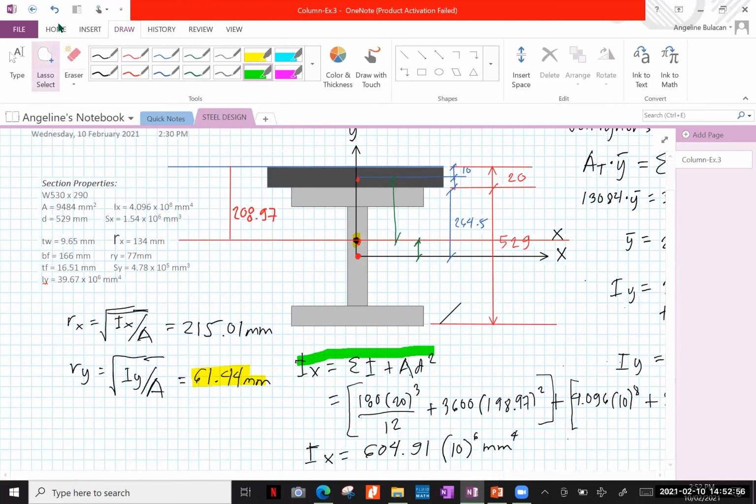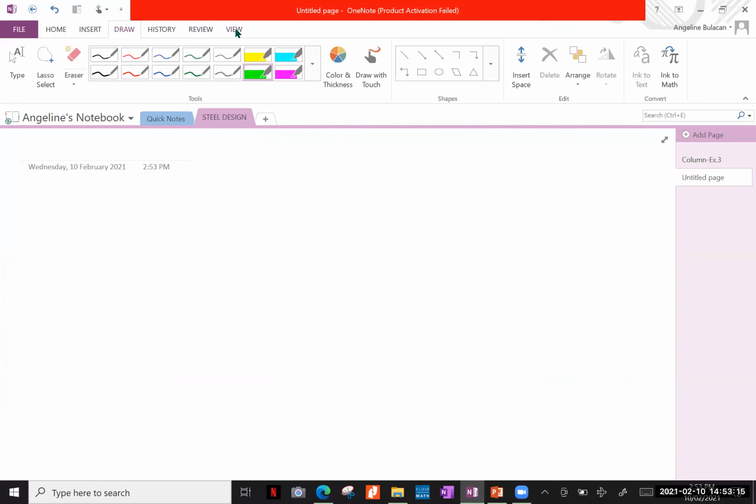So, after getting your R, ito lang naman yung mahaba dito. Ang mangyayari na ulit is after getting your R, doon na tayo sa LE over R. Gawa tayo ng another page.